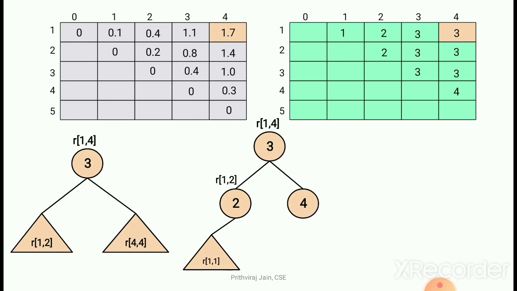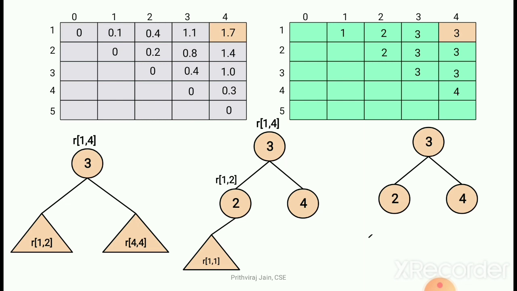Towards the right side we don't have any node, because k plus 1 would exceed the range, so we don't consider that. And 4 is the value that we got for r of 4 comma 4, which we are not going to divide further.